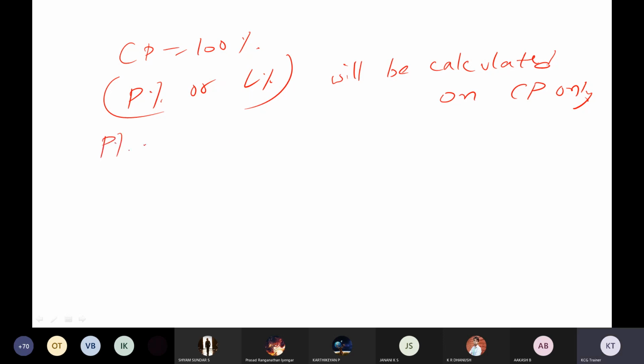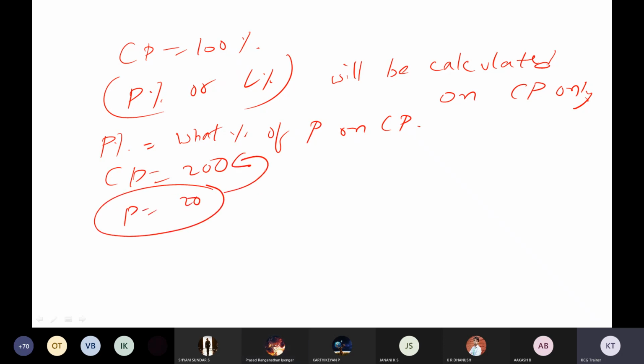What is profit percentage? It is what percentage of profit is on the cost price. For example, if the cost price is 200 rupees and the profit is 20 rupees, then 20 rupees is what percentage of 200? 10%. This 10% is called the profit percentage.